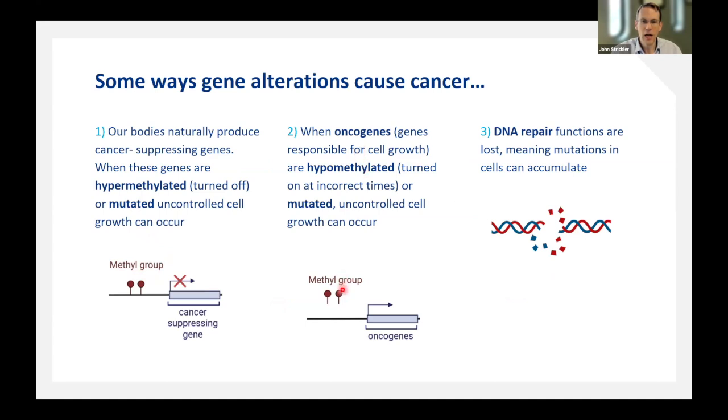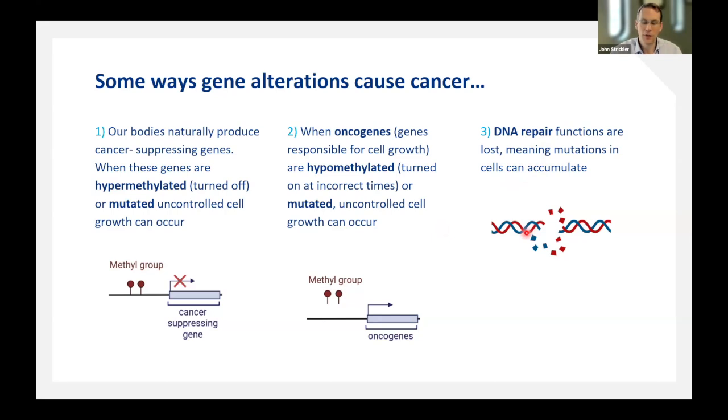Or you can actually hypomethylate something, thereby turning it on all the time. And then finally, you can get DNA repair defects. Normally in cells, we have these editors that go through and fix mistakes in DNA, and sometimes there are mutations that will cause errors to not be fixed.